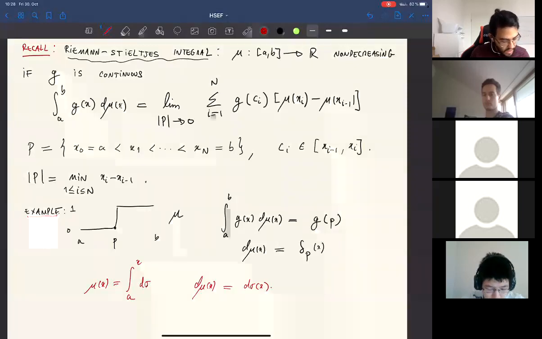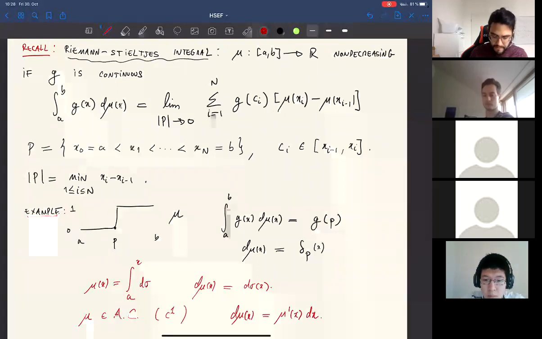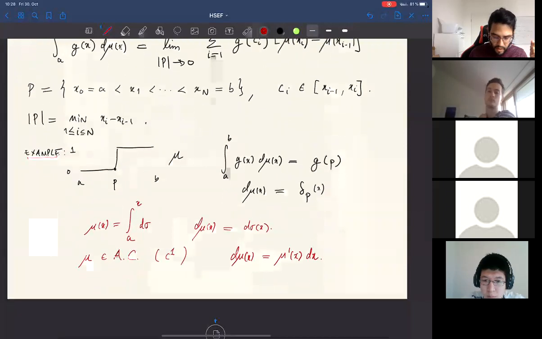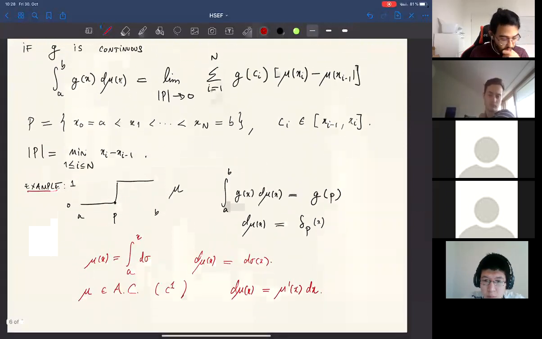Another thing is that it follows from the definition that if mu is C1, or even just absolutely continuous, if you don't know what that is, then just think of it as C1, then dmu(x) would just be mu prime(x) dx, okay? Also follows from the definition.